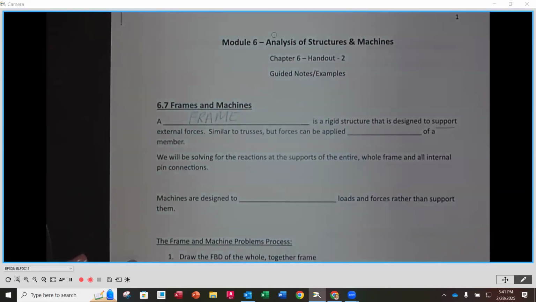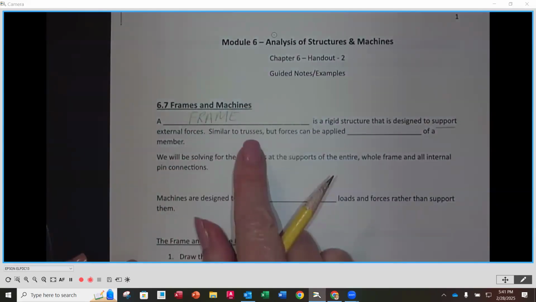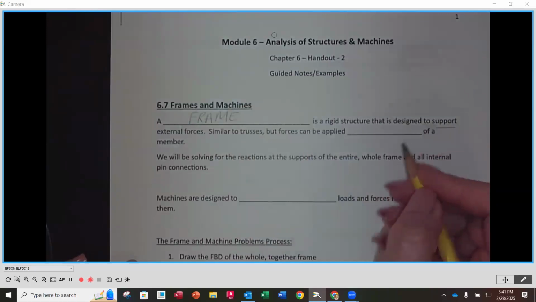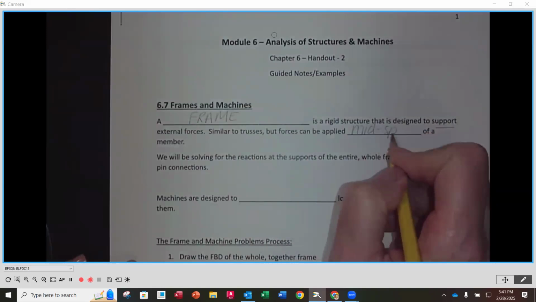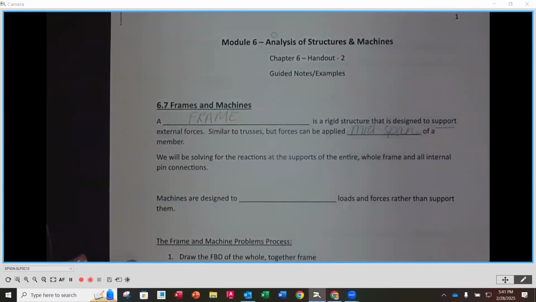A frame is similar to trusses, but the forces can be applied mid-span of a member. If you recall, when we looked at trusses, a couple of rules were, number 1, you could only put loads at the joints. Also, a truss had to be attached at its ends at the joints.